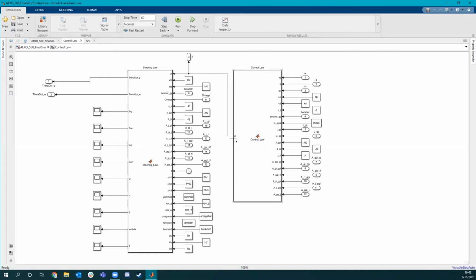It's also inputted into our steering law, which takes more outputs from the same dynamics block, as well as some constants, and outputs the different gimbal rates and wheel accelerations that will then be propagated forward with time.